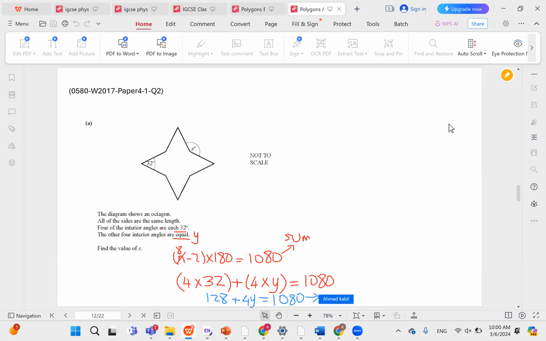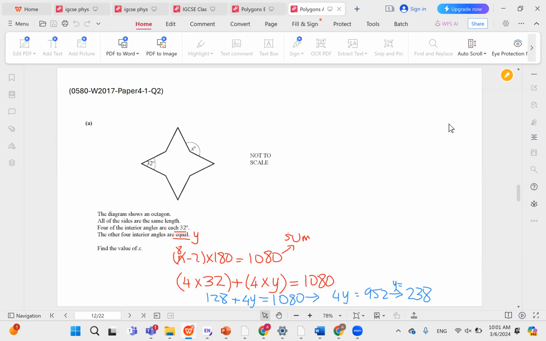So therefore, we subtract 1080 minus 128, and we get 4y equals 952. Finally, we divide by 4. So 952 divided by 4, that gives us 238. So therefore, y equals 238.